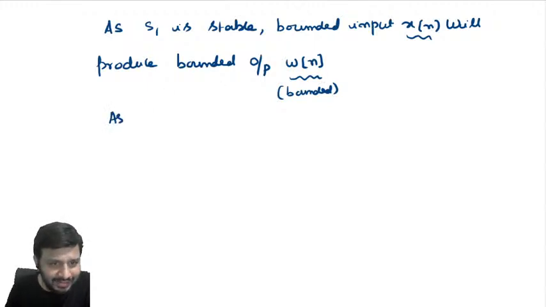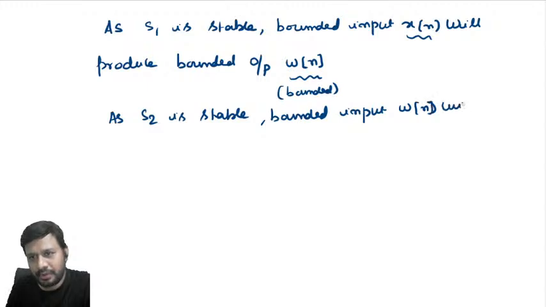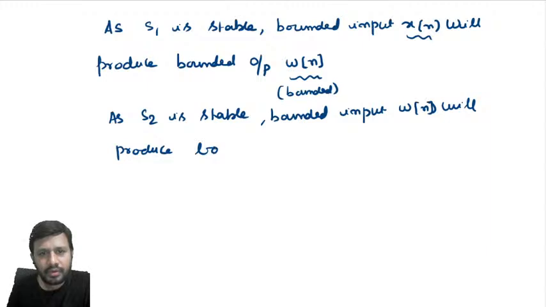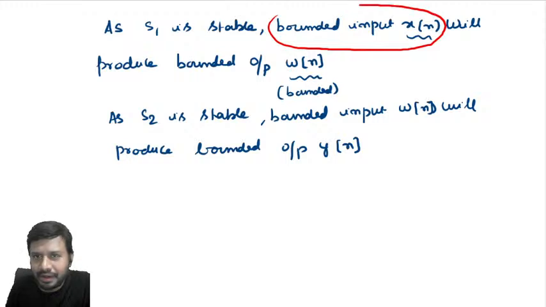So we can write, as S2 is stable, bounded input w of n will produce bounded output y of n. If you look at the overall system, bounded input x of n is producing bounded output y of n.